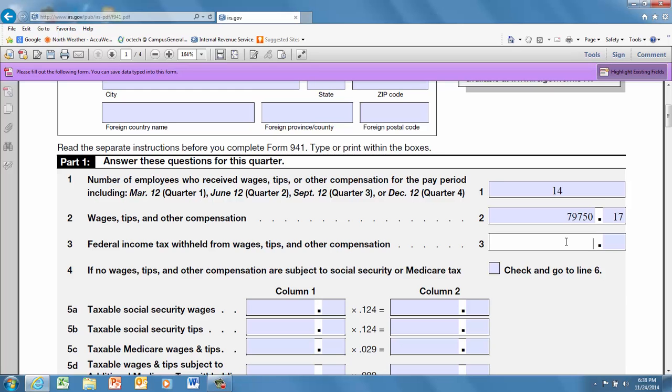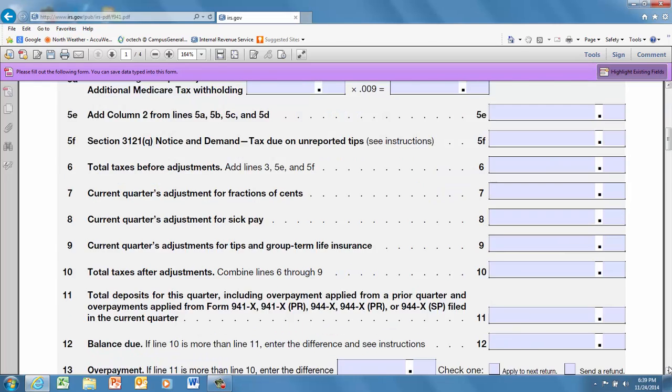Now we need the federal income tax that was withheld from those wages, and we were told that that was $9,570.